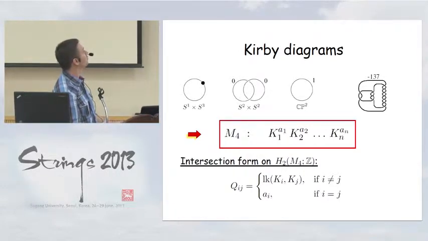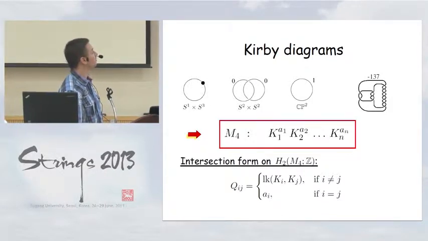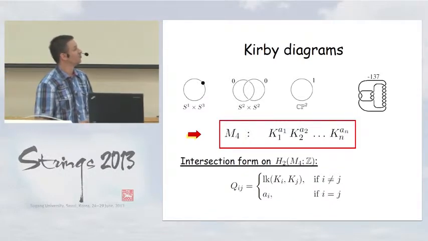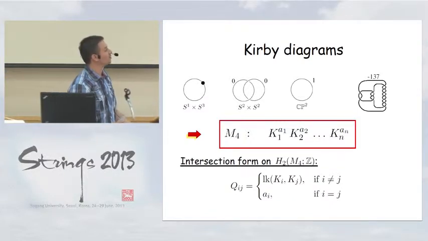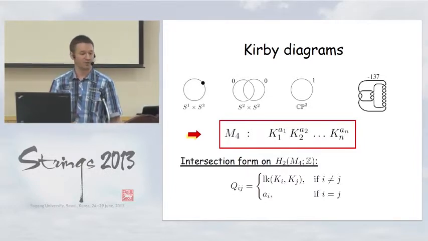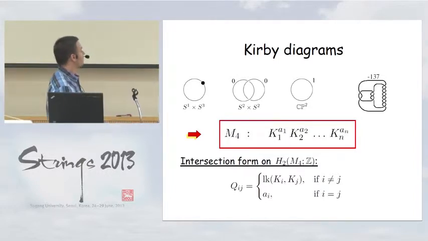So we're going to use only 2-handles, which are essentially knots and labels. We restrict to the class of four-manifolds labeled by knot components and integer labels attached to them. This is an example of a non-trivial four-manifold corresponding to this pretzel knot with some coefficient which doesn't even have to be positive.